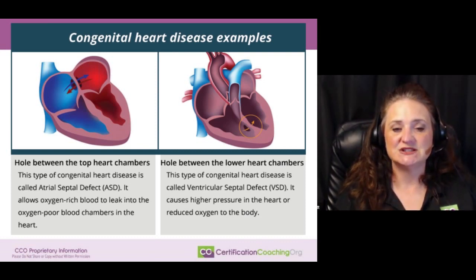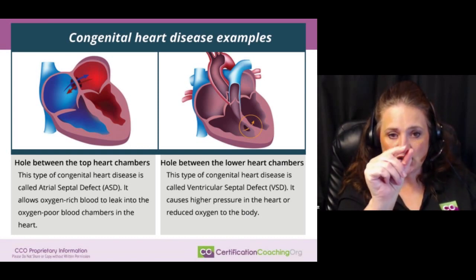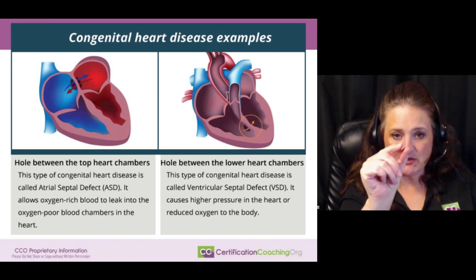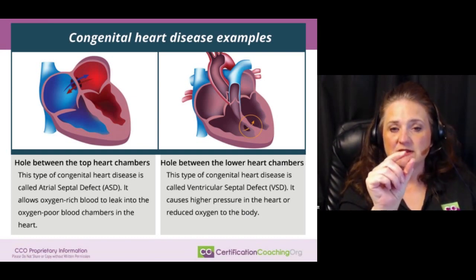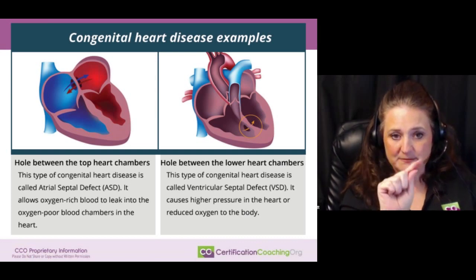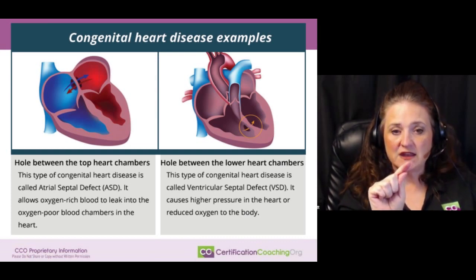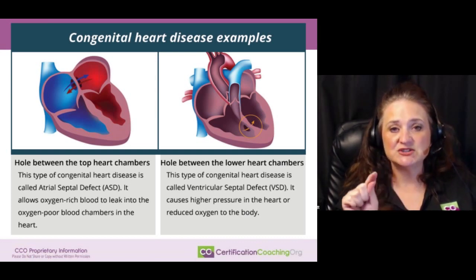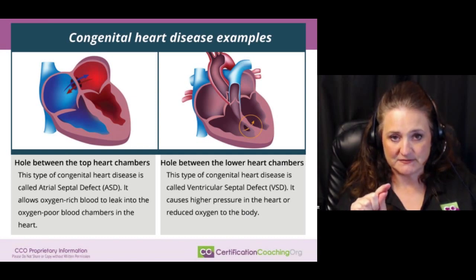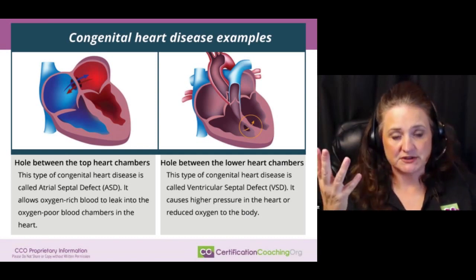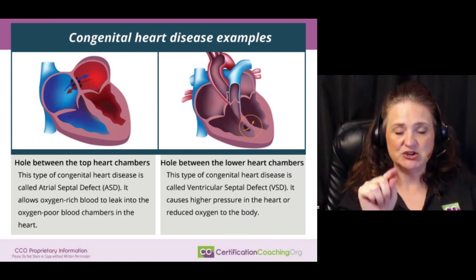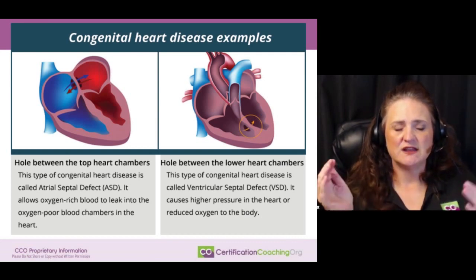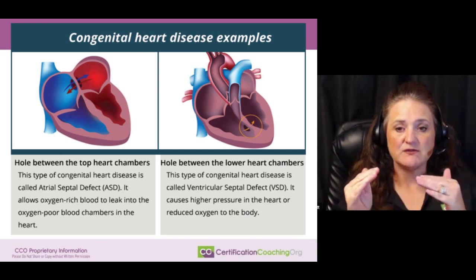And so you have a septum, that layer of tissue that goes from the top of the heart all the way down to the bottom. So at the top, it's the atrial septum. And then at the bottom, it's the ventricular septum. So arterial or atrial and ventricular septum, and you can see it's a hole in the heart that allows the blood to go back and forth.